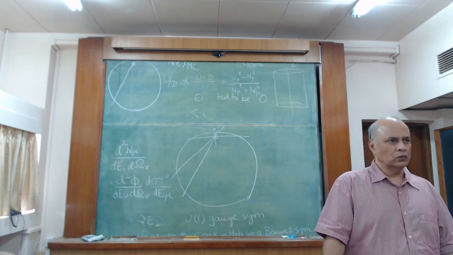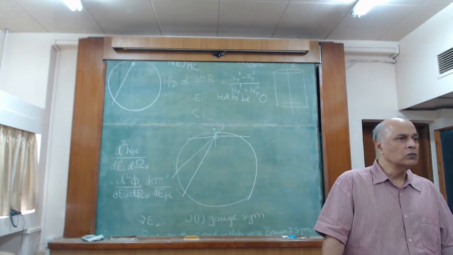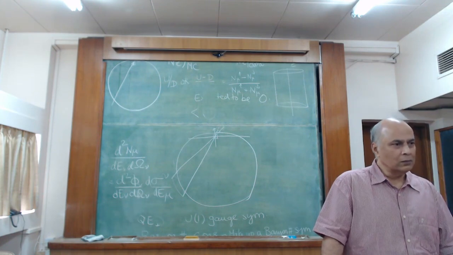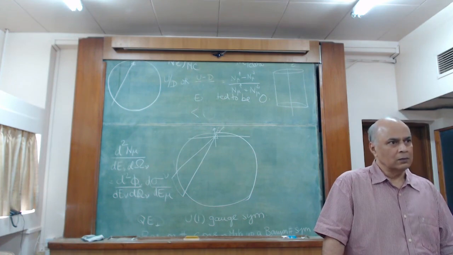And why does this have to be true? Why is the oscillation favored for muons going to tau rather than electron?